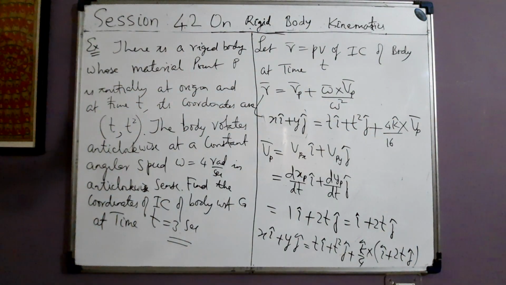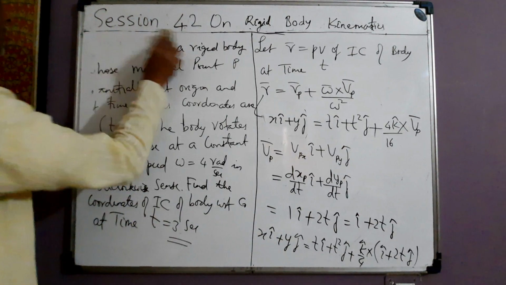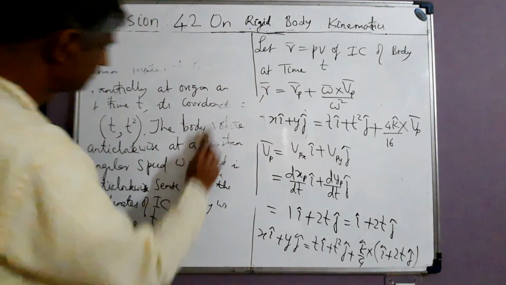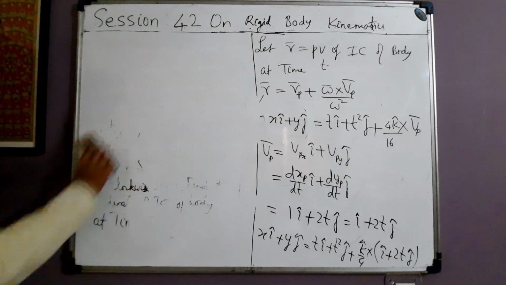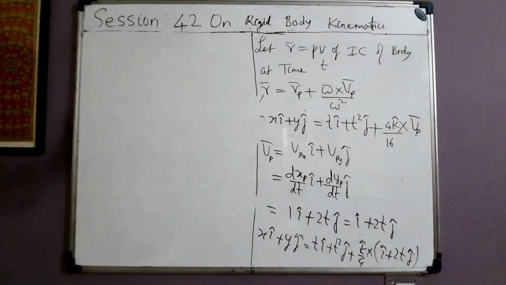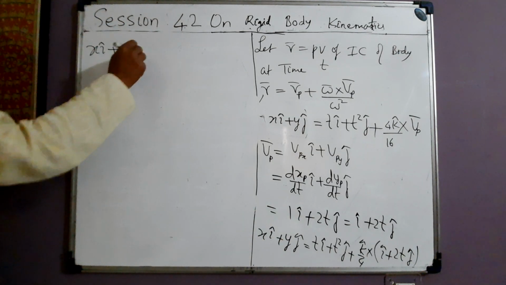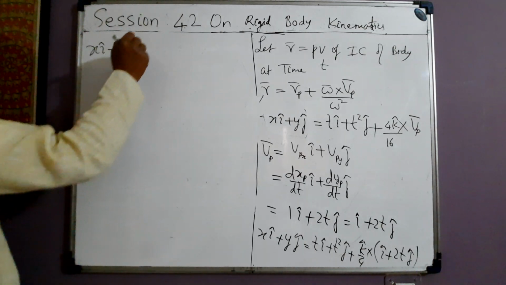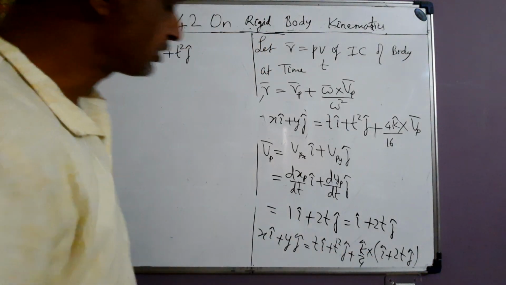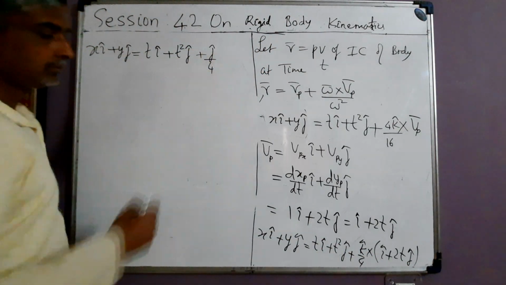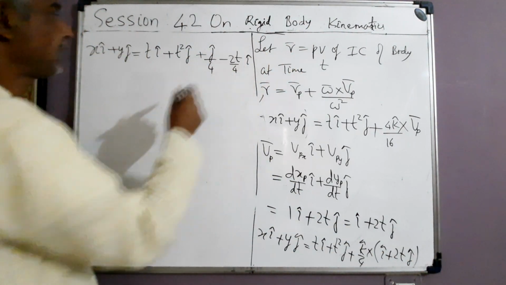Now I evaluate this term. x i hat plus y j hat becomes t i hat plus t square j hat, and k hat cross i hat becomes j hat, so j hat by 4, and k hat cross j hat becomes minus i hat, so minus 2t by 4 i hat.